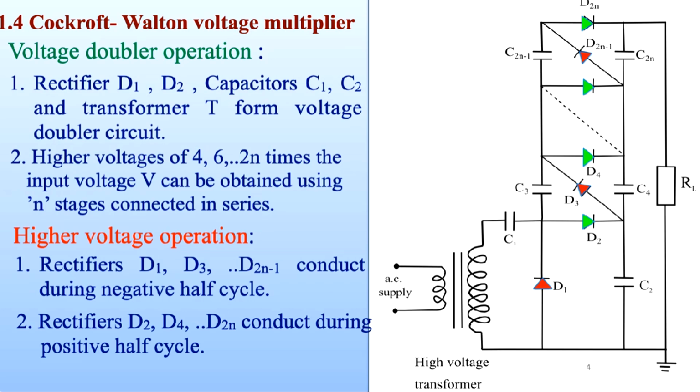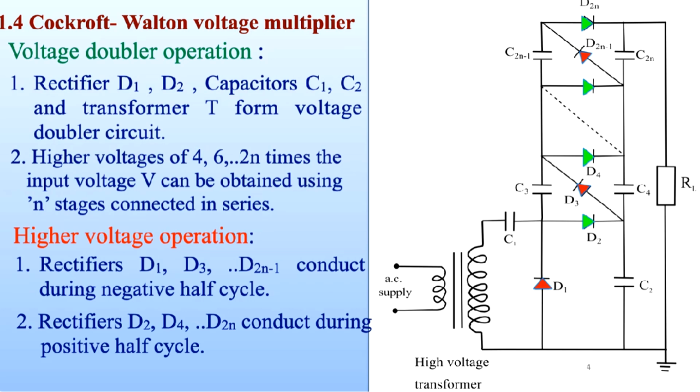It is possible to generate very high DC voltage from a single supply transformer by extending the voltage doubler circuit. This is simple and compact when the load current requirement is less than 1 milliamp, such as for cathode ray tubes, etc. So the application of this is the cathode ray tube.